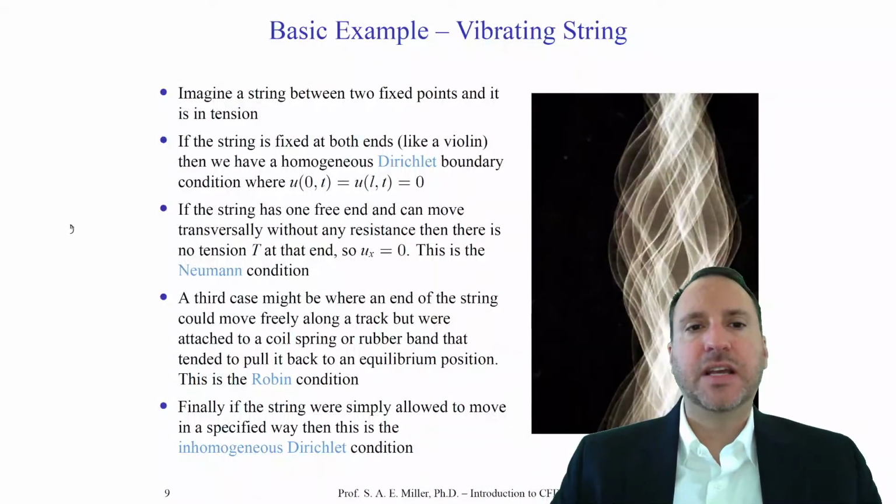So imagine a string between 2 points which are in tension. If the string is fixed at one end and the other end, like a violin, then we would have corresponding homogeneous boundary conditions. Remember, we call these the Dirichlet boundary conditions.